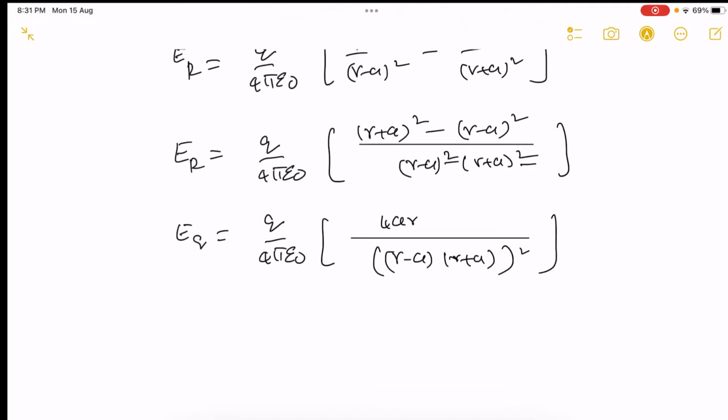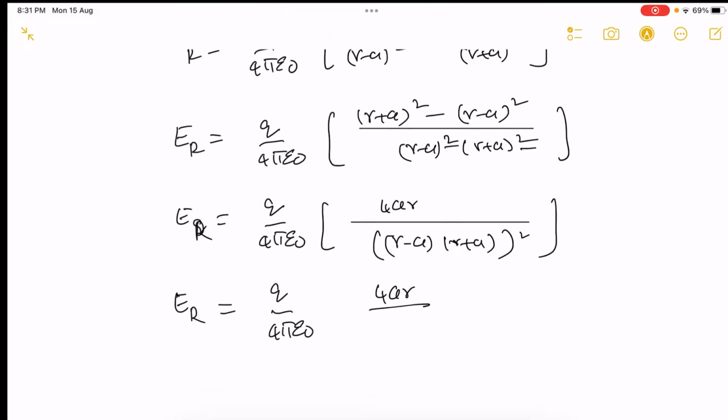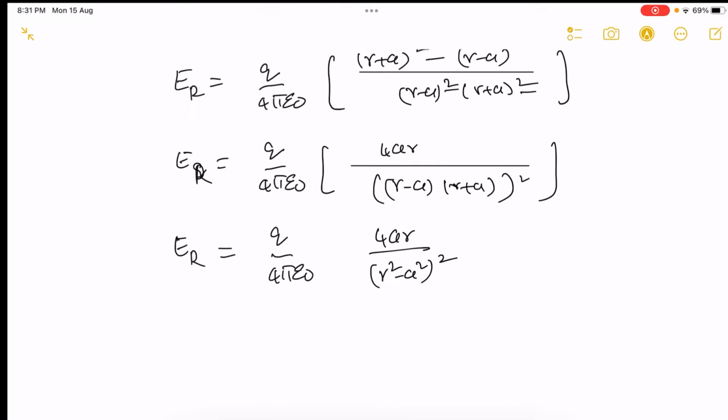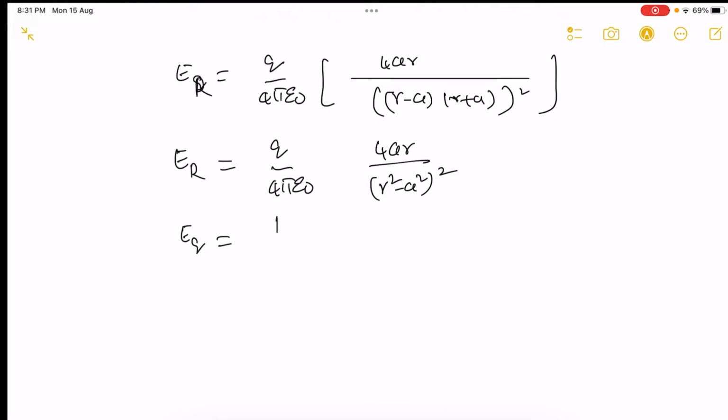Next, E resultant due to the dipole. So the electric field due to the dipole is q by 4 pi epsilon naught 4ar by, look here, r minus a into r plus a, that is r square minus a square whole square. Now rearrange all these terms, then we get 1 by 4 pi epsilon naught 4aqr by r square minus a square whole square.